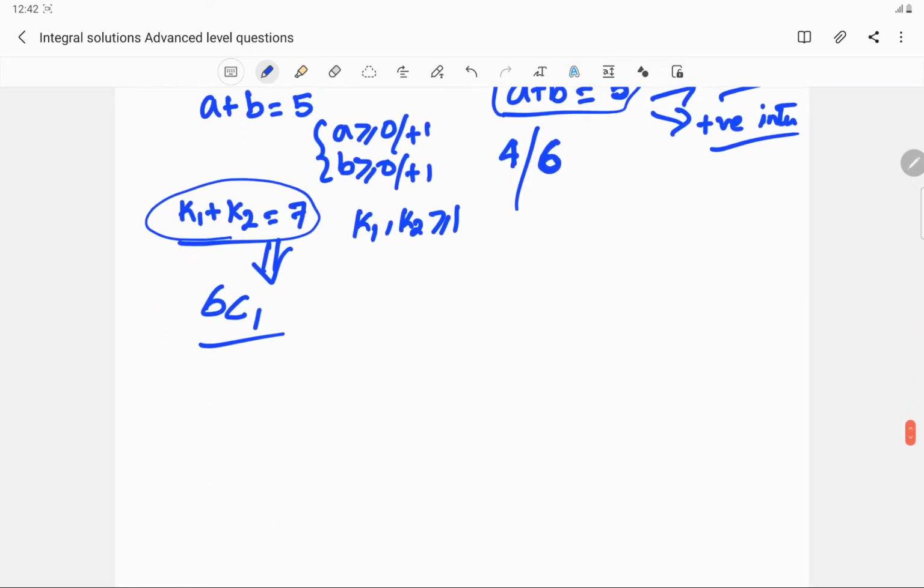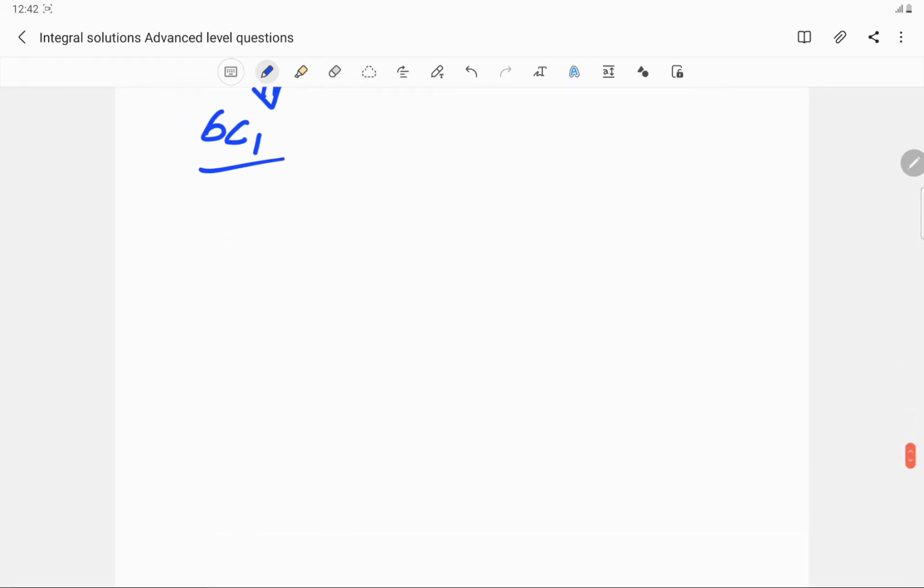Now let us solve a few more questions. Say if this equation is given and we are asked to find out the number of non-negative and positive integral solutions to this equation. So this equation is 4x plus 8y is equal to 200.